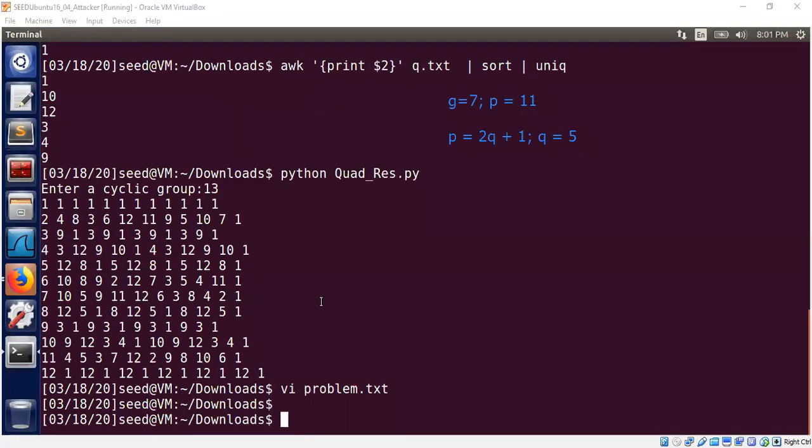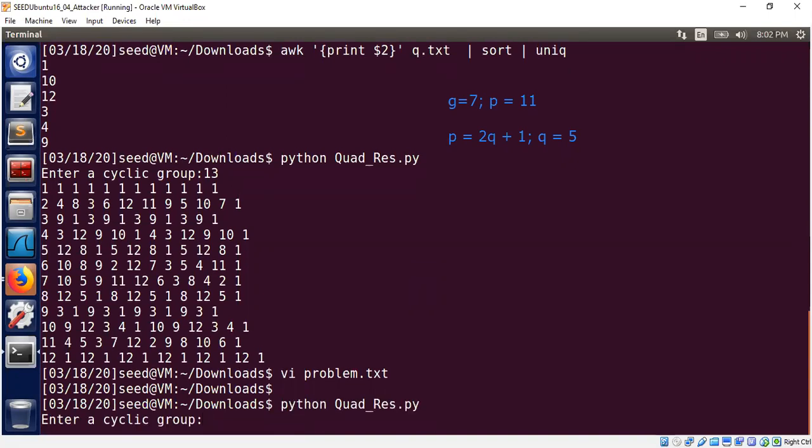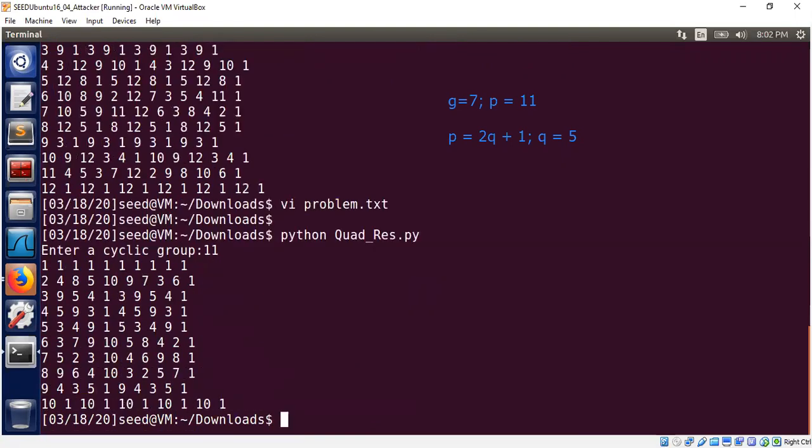If you now run the same program again on the cyclic group 11, which is a safe prime, look at the second column: 1, 4, 3, 9. That's the second column of this table.